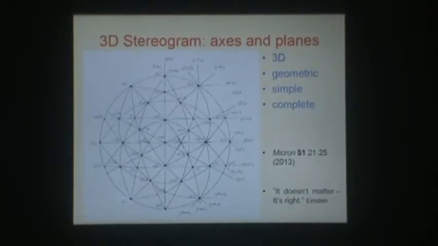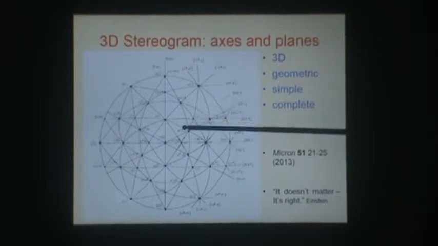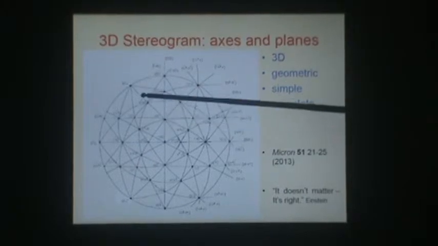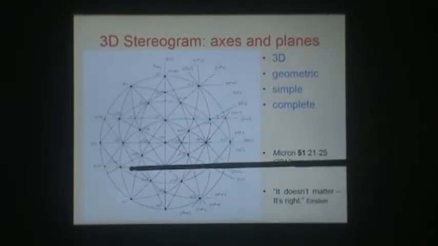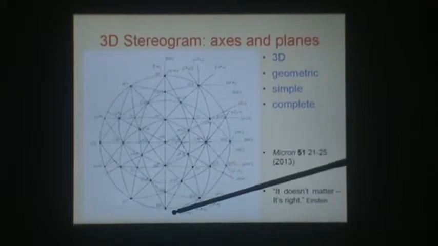I can illustrate this with a stereogram from the icosahedral structure. I've shown also these are the axes of the icosahedral structure. And shown also are, for the first time, the diffraction planes.